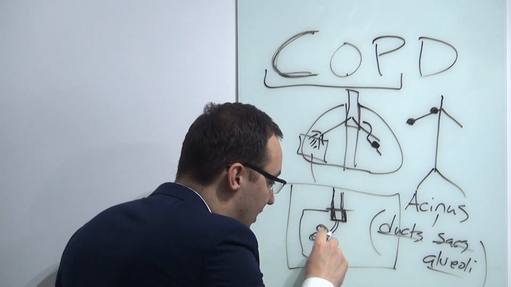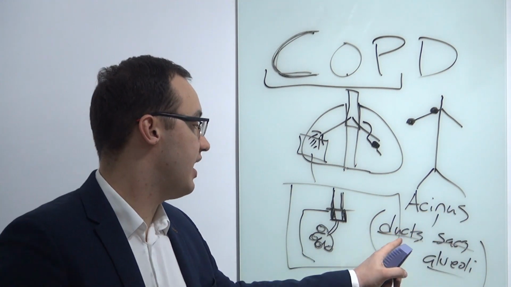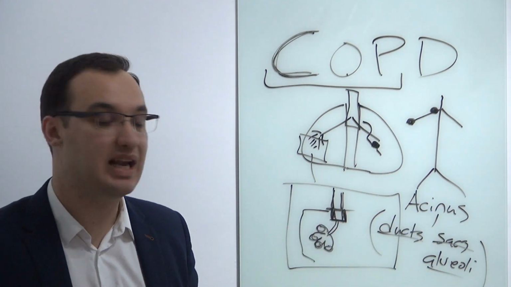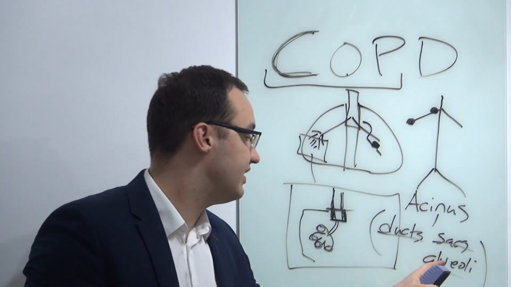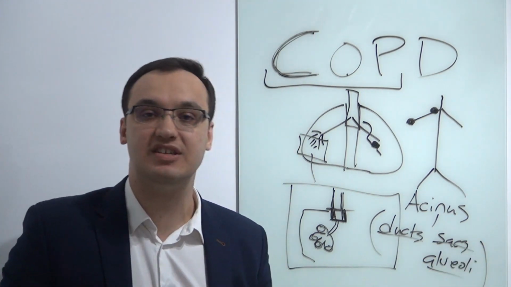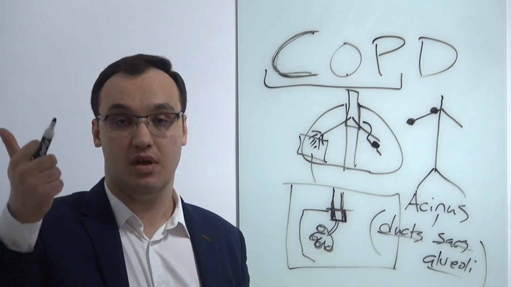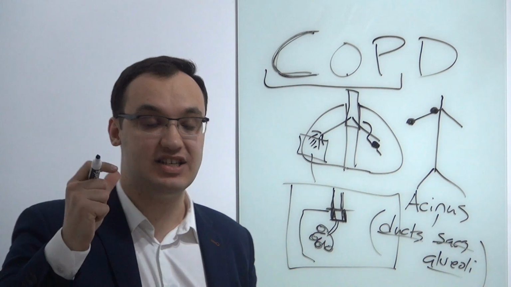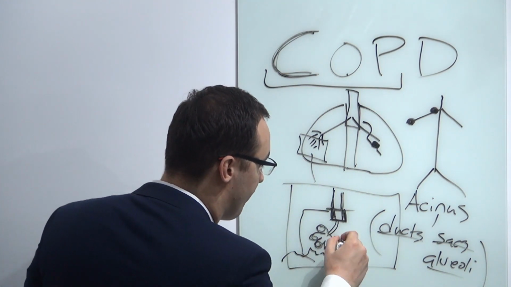And then it becomes the acinus, which is alveolar duct, alveolar sacs, and alveoli. And this alveoli part, this is where you have the real conversion between oxygen and carbon dioxide, and this will happen because you have a lot of arteries coming here and a lot of veins.